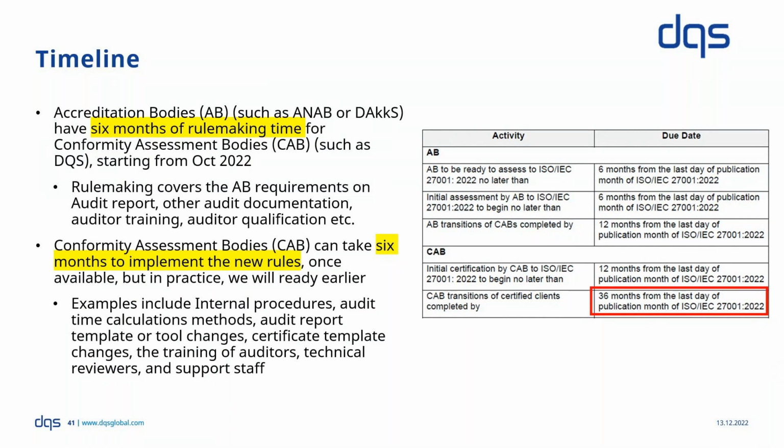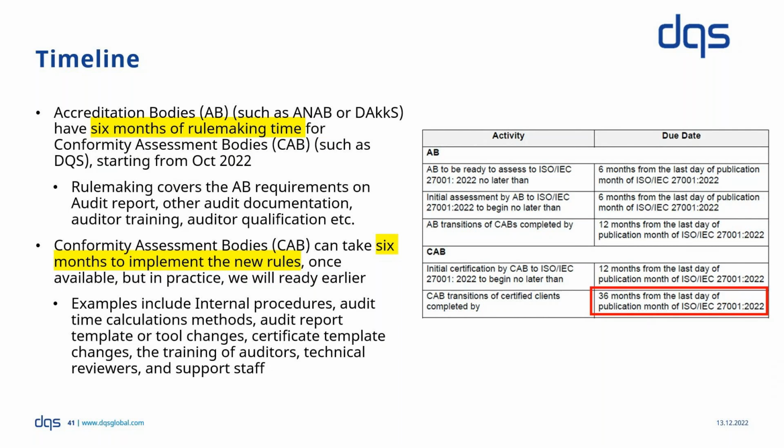Rulemaking covers the requirements on audit report, audit documentation, training of our auditors, and qualification, and others. After this rulemaking period is over, the certification bodies or conformity assessment bodies can take 6 months to implement the new rules.